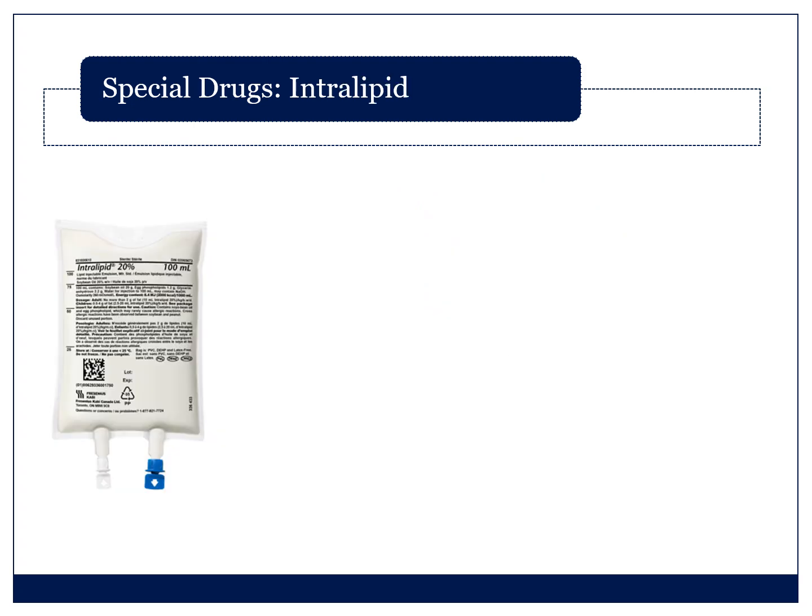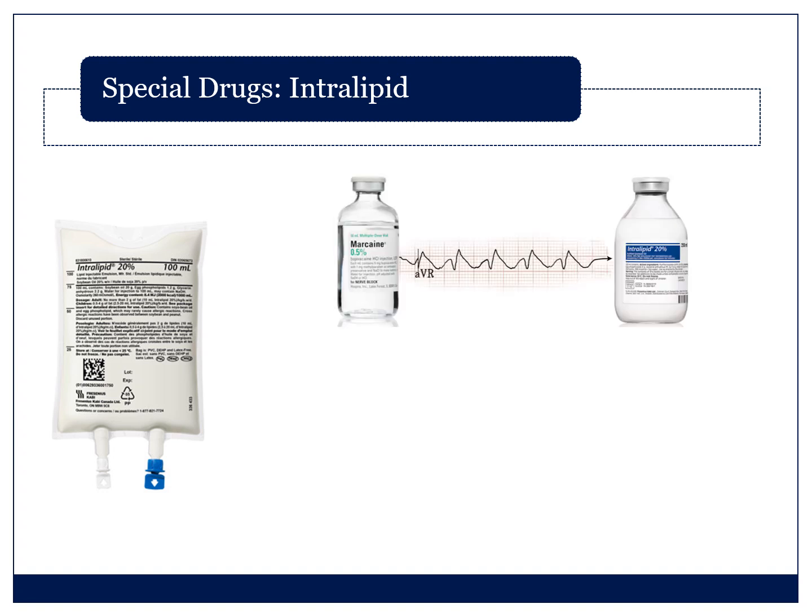The second drug, which we need to manage in much a similar way, is Intralipid. Now, Intralipid is used specifically for the treatment of local anesthetic toxicity, and in particular for bupivacaine.